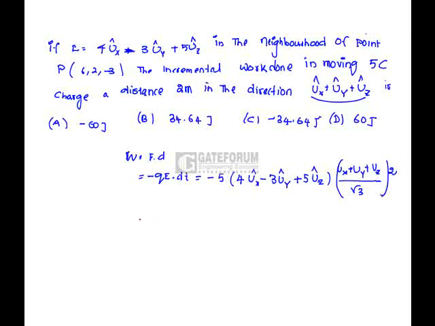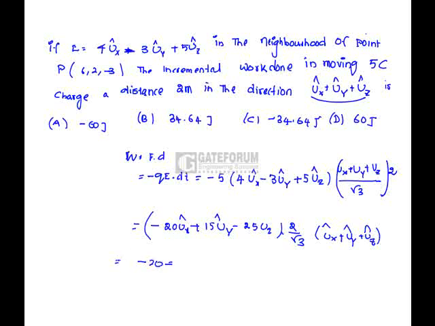Times 2. So minus 20ux plus 15uy minus 25uz, and 2 by root 3 times (ux, uy, uz). Here, minus 20 plus 15 minus 25 over root 3.